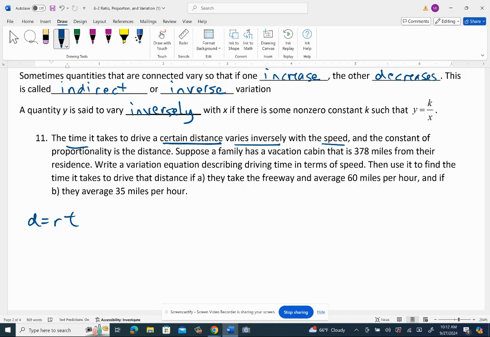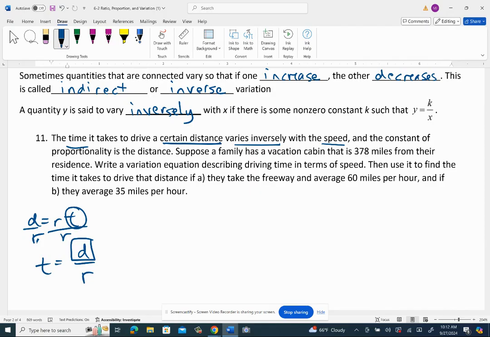What they're saying is that if I took this equation and got the t by itself by dividing both sides by r, then t would equal the distance divided by the rate. And we know that. We have experience trying to calculate how long it will take us to get somewhere. Well, that tells us that the time is varying inversely with the speed whenever that distance is a constant amount.